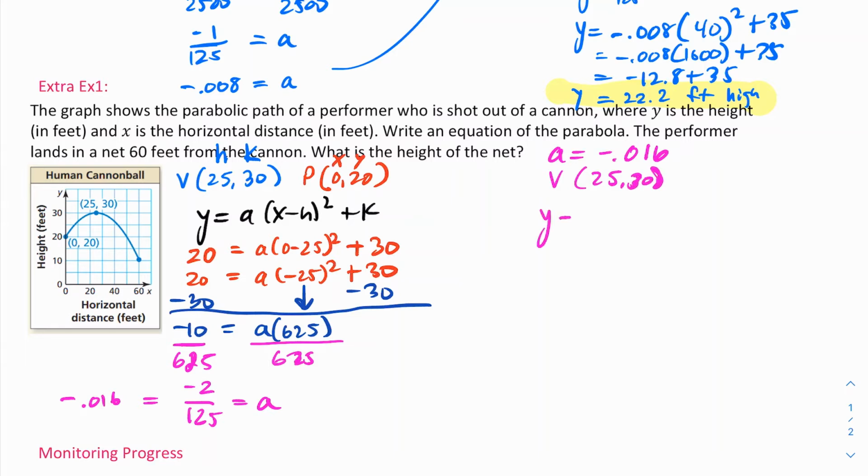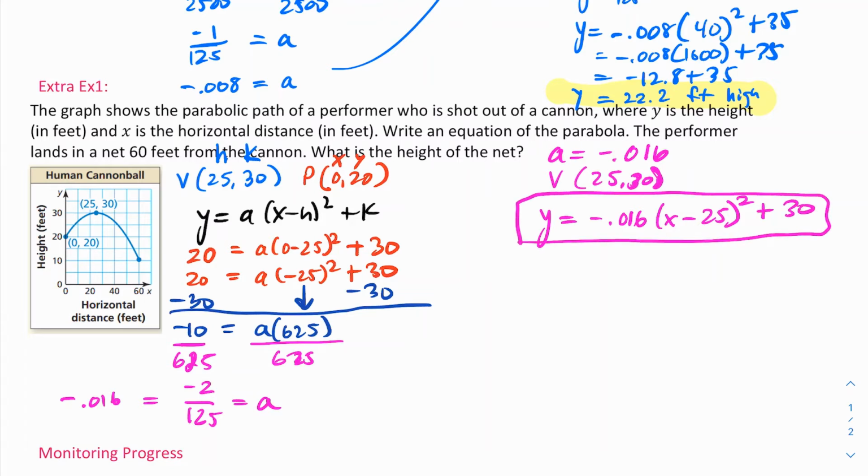So my equation is y is equal to a times x minus h squared plus k. You do not fill in the x and y into your final equation. You only fill in your vertex and your a value to get the equation. When they ask us for the height of the net here, we have to use whatever the x value is.